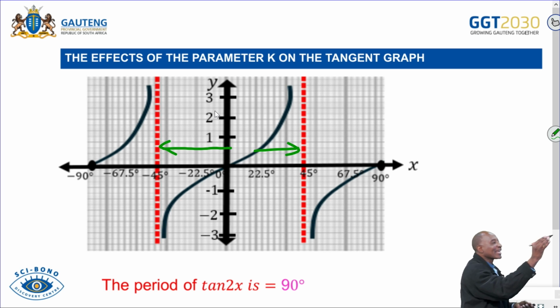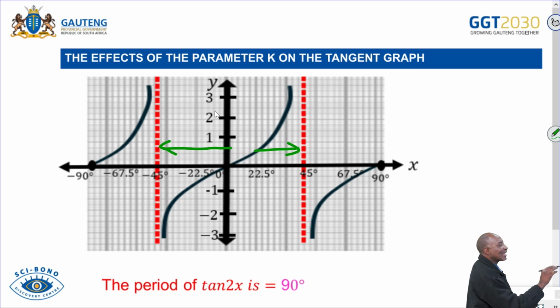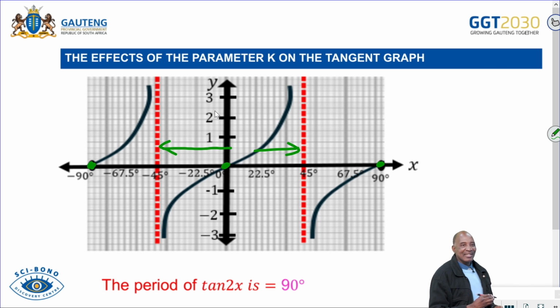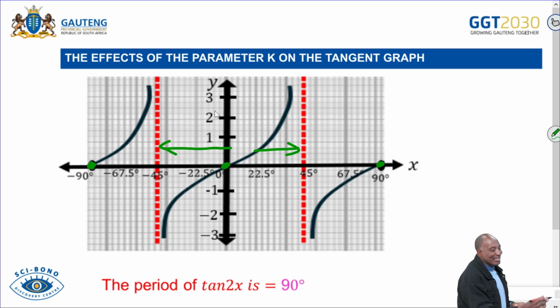Then the period of this graph, you can see it starts from negative 90 here. It continues again here at 0 and so on. After every 90 degrees, the way the branches are now spaced out, meaning the period of this new graph is now 90 degrees.